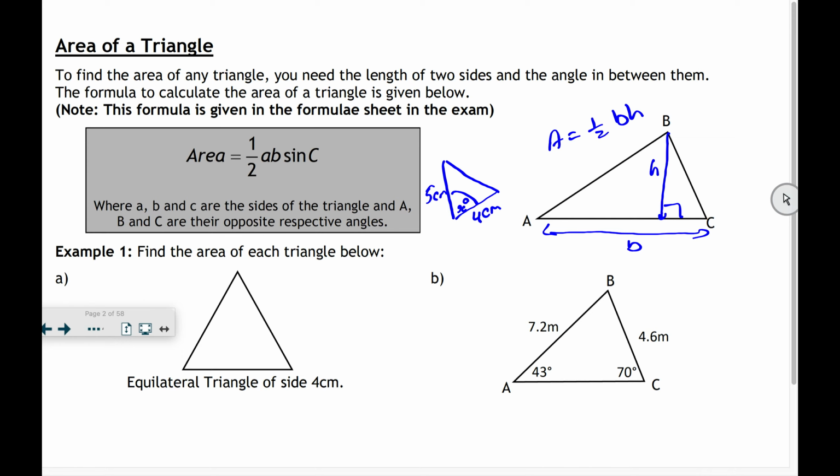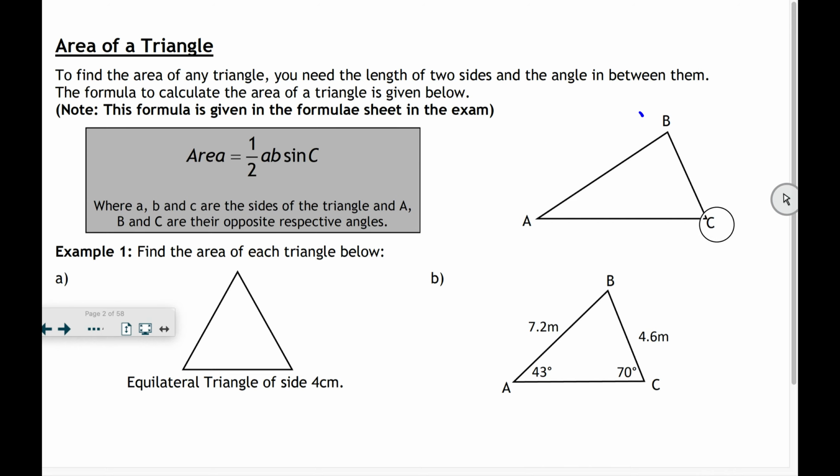All this formula is really telling us is that to find the area, it's just going to be a half of two sides, multiplied by the sine of the angle in between those two sides. So if I look at this triangle here, with area equal to a half ab sine C, let me name my sides.